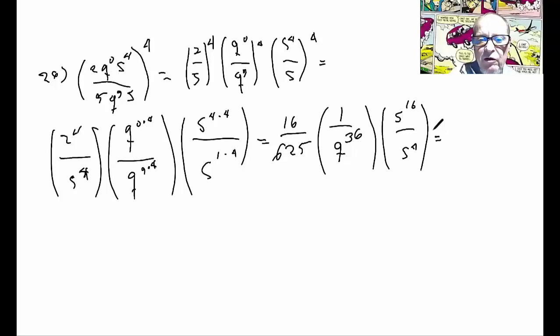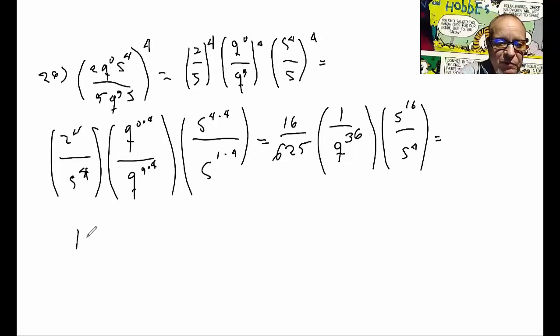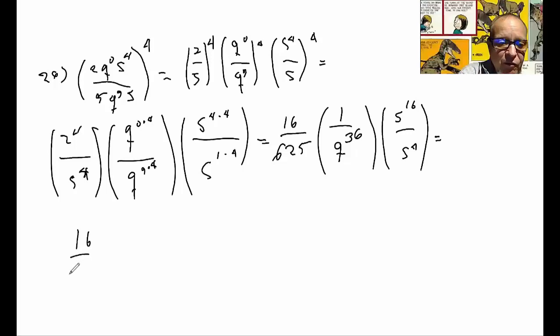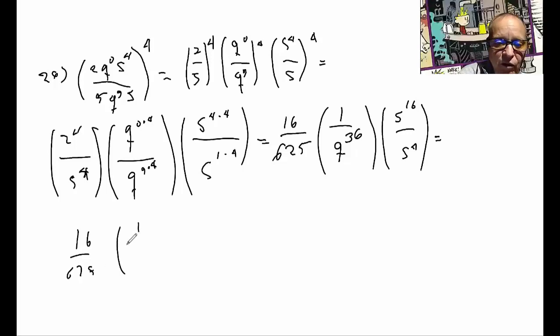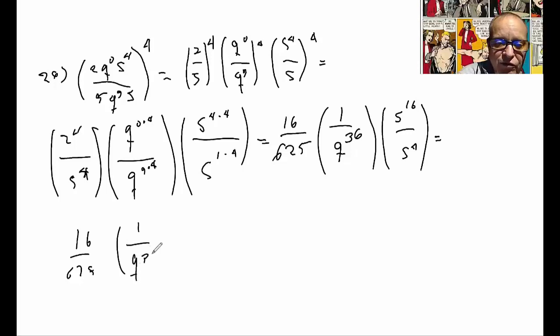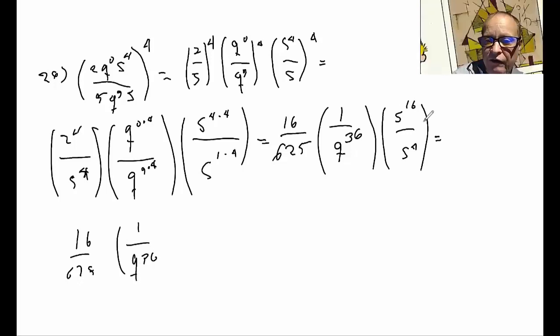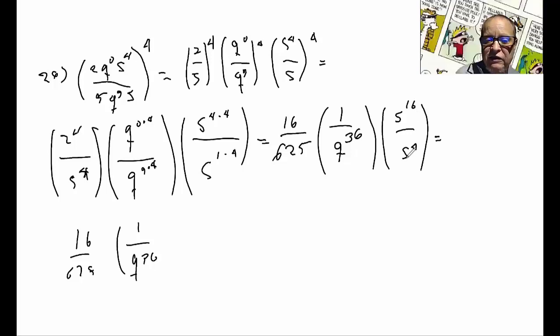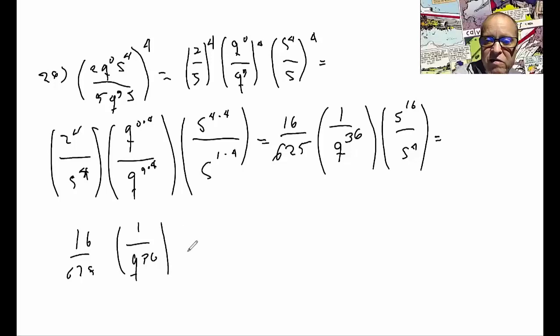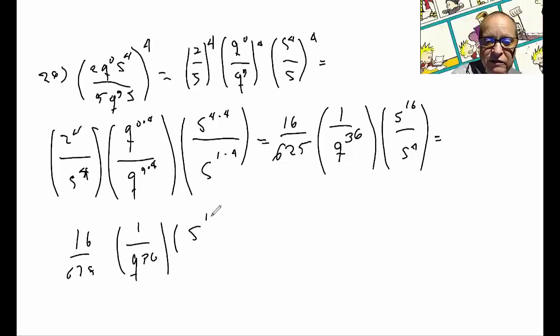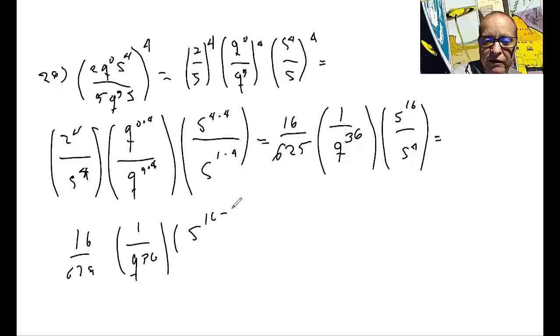So I have my 16 over my 625, and then my 1 over q to the 36, and here I have s to the 16 over s to the 4, so that's going to be s to the 16 minus 4.